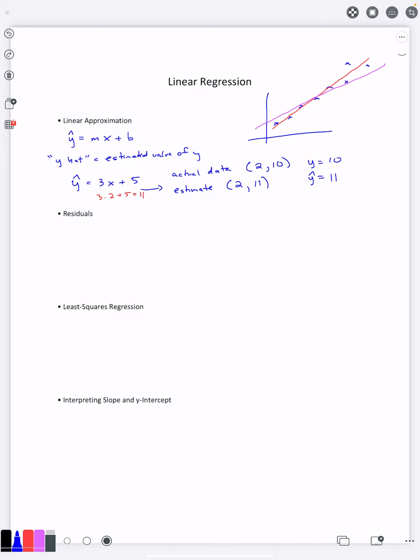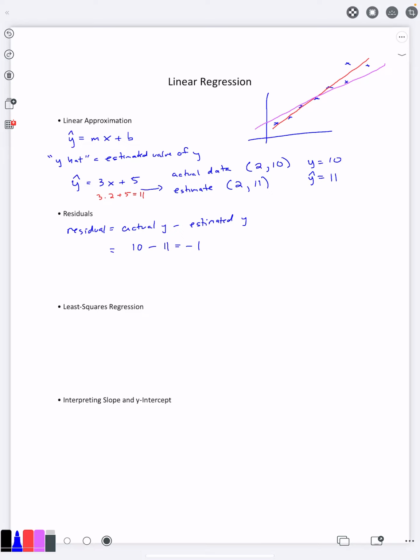Now, if I want to talk about how good of an approximation we have, for that we're going to calculate the residuals. And what the residual is, this is going to be the actual y minus the either predicted or estimated y. So for the example that we did right now, the actual data was 10, the predicted value was 11, so that would have a residual of -1.